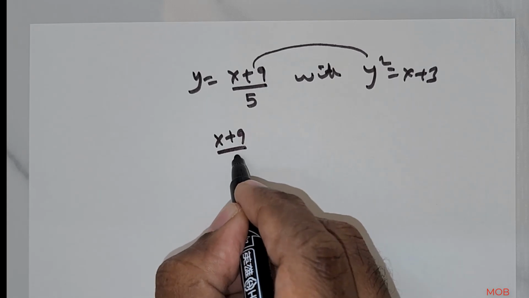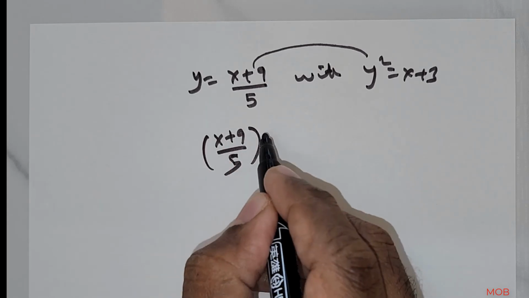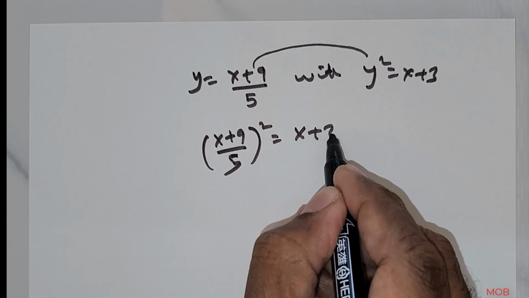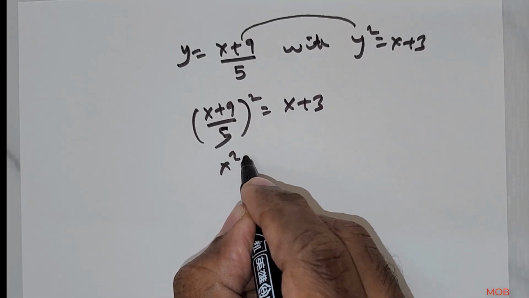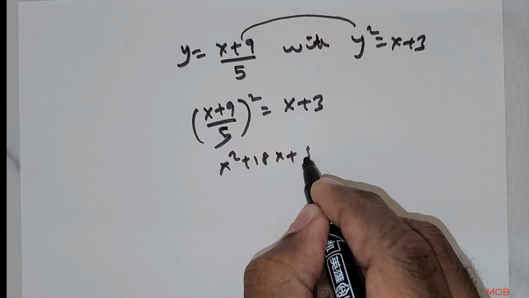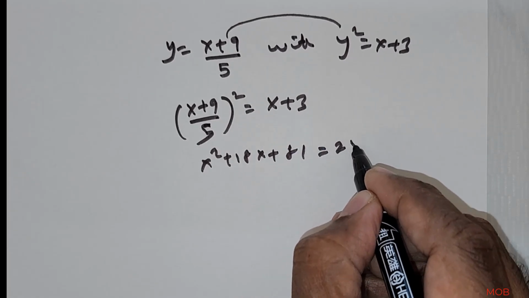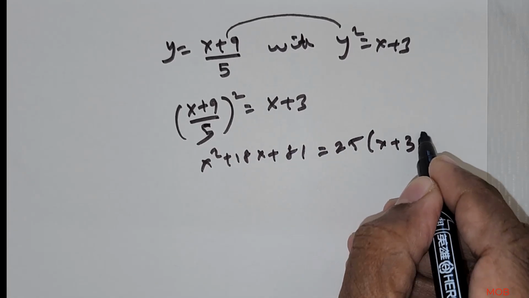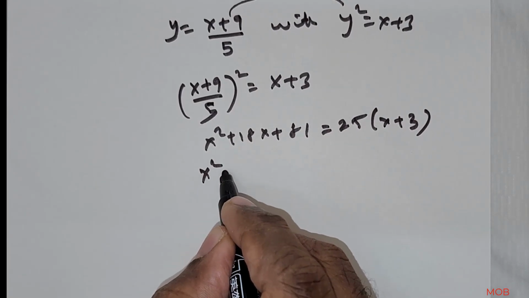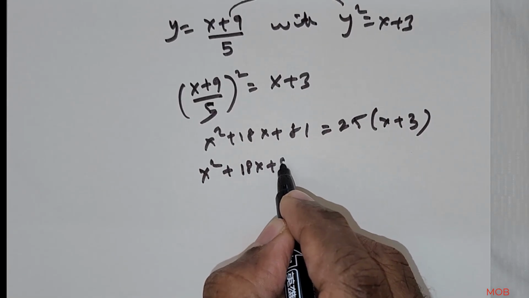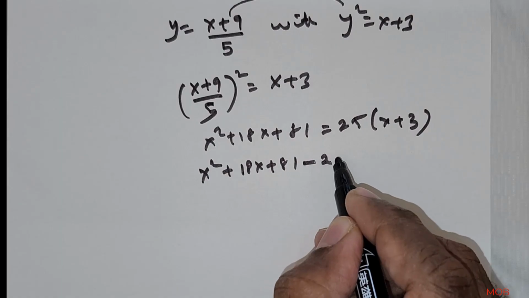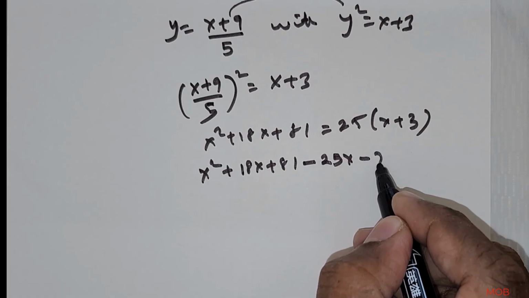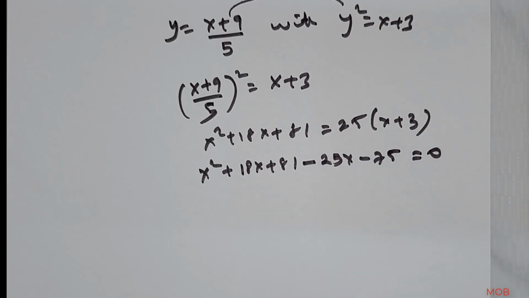So I get (x + 9/5)² = x + 3. x² + 18x + 81 = 25(x + 3), so x² + 18x + 81 - 25x - 75 = 0.